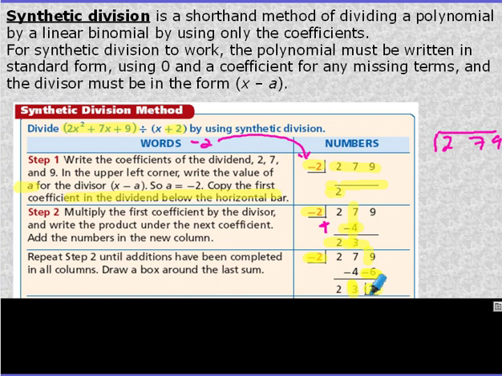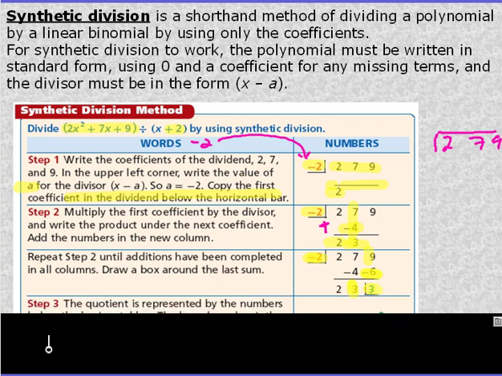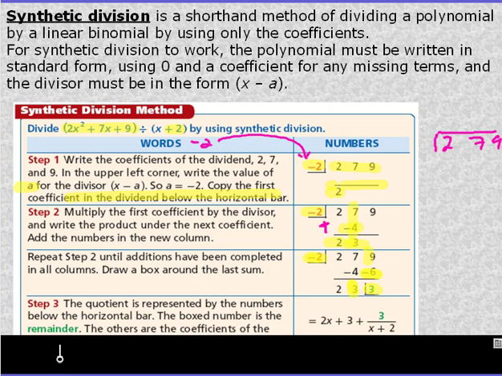And so what does that tell us about the answer? Well, the answer is written using these numbers. We have 2 different numbers. This is going to be our constant. This is going to be our x to the first power, and if we had another number, that would be the coefficient of the x squared.